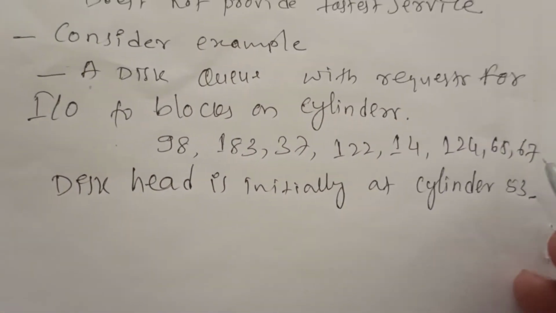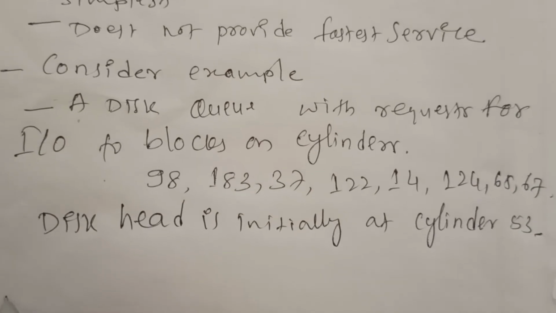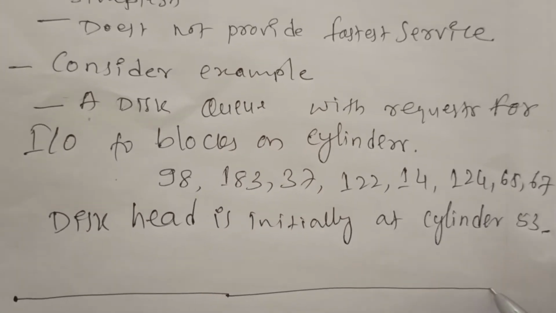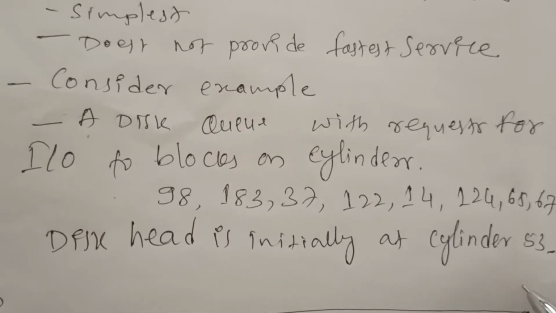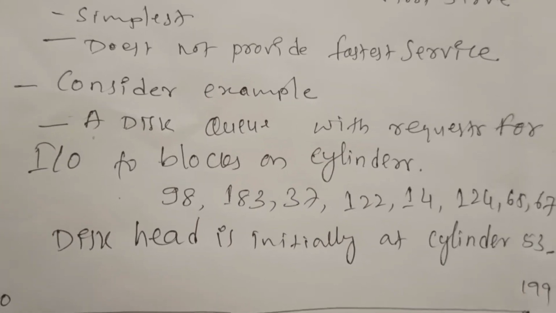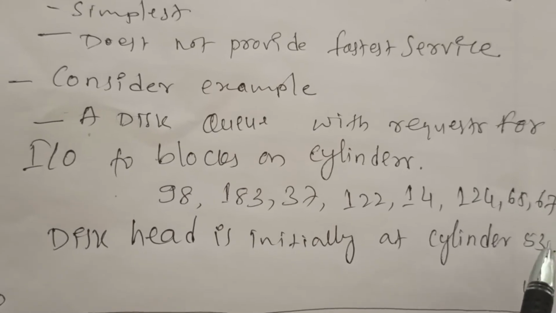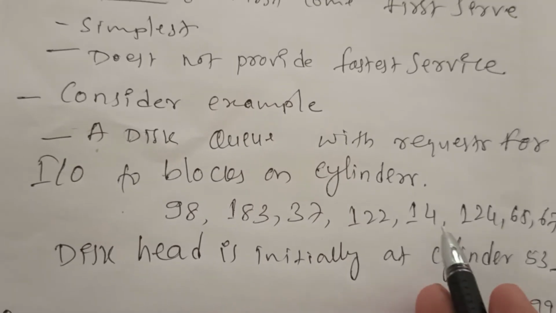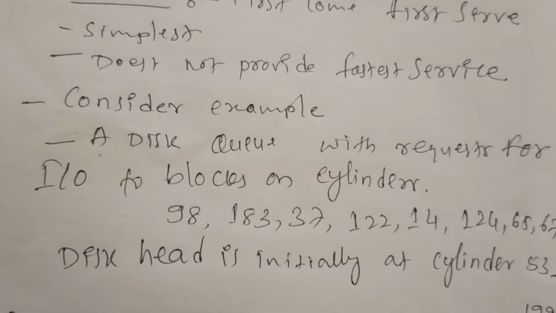The cylinder head is initially pointing at 53, and we take the cylinders from 0 to 199. We list all these numbers on the line starting with the smallest, 14.